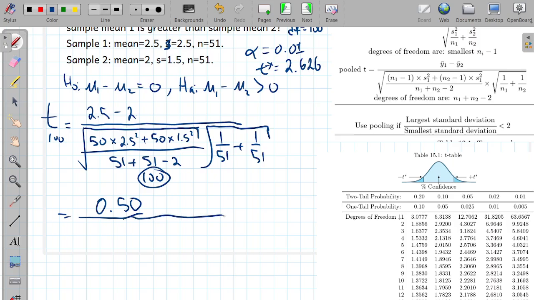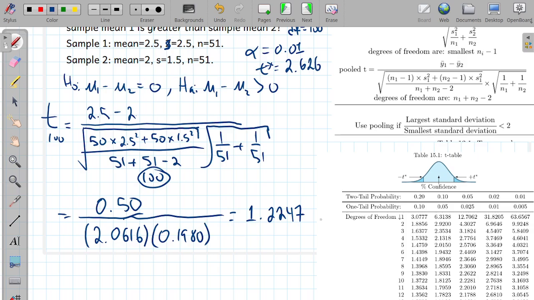And the 2 square roots, when we simplify them, the first one is 2.0616, and the second square root is 0.1980. So if we do all that, we end up with a test statistic of 1.2247. So that is our obtained t.